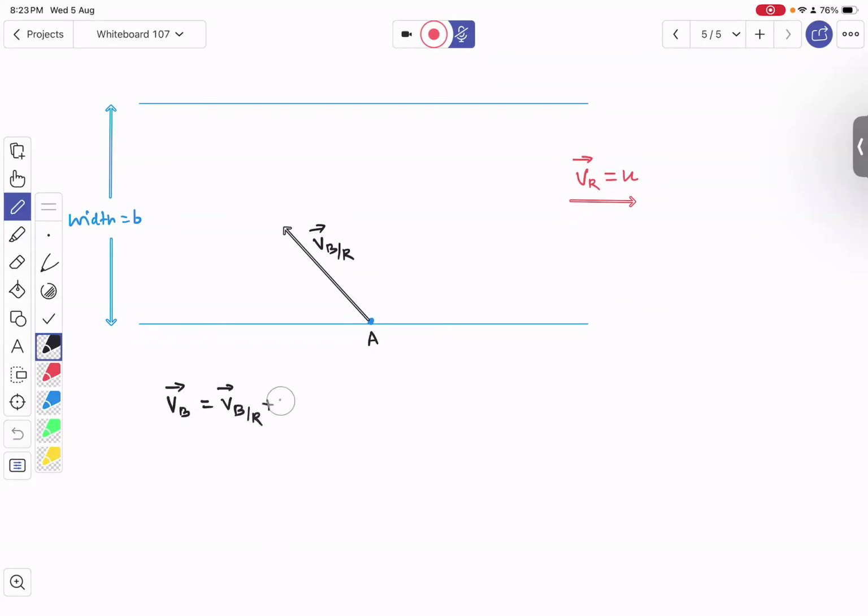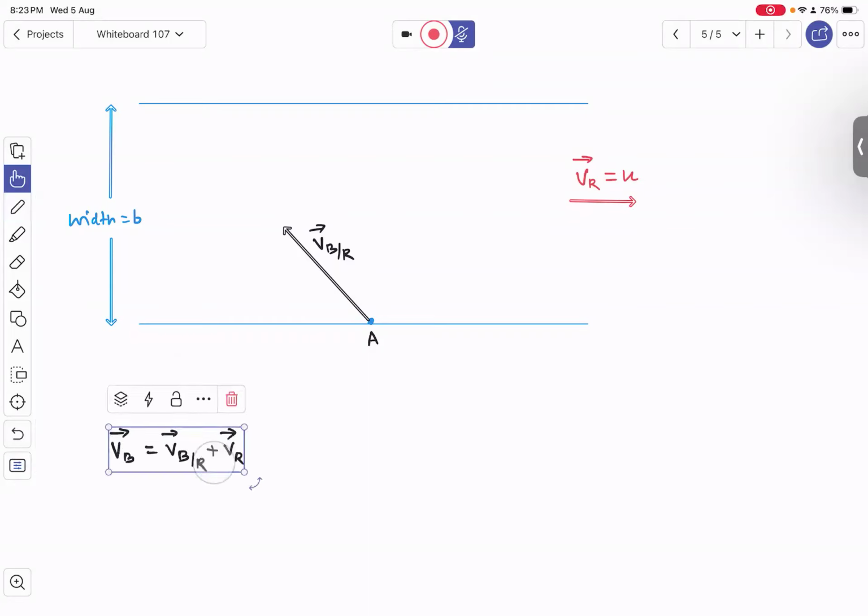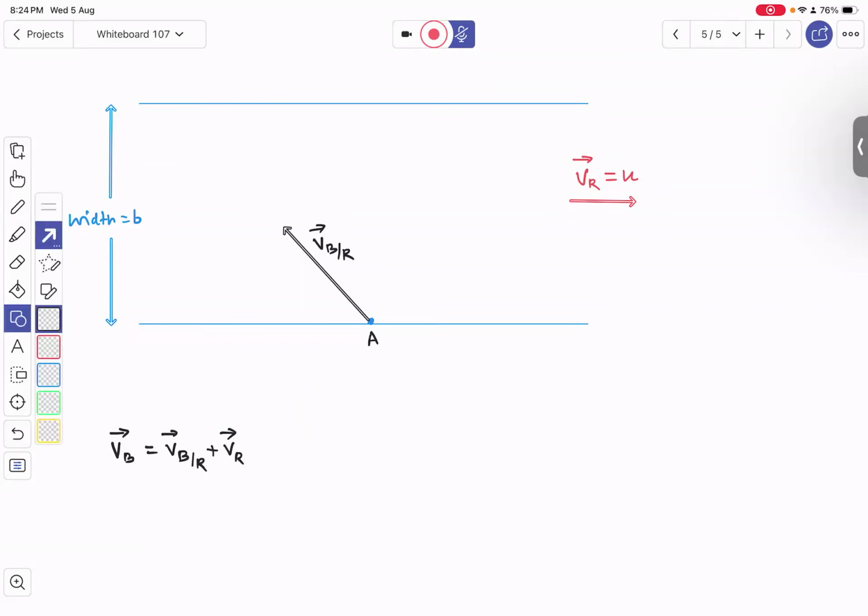How to add the vectors depends on whatever is comfortable for you. Maybe we can do the addition by finding them in terms of components, or maybe we'll use the triangle law or parallelogram law, whatever is comfortable for us. Or maybe we can use both simultaneously also. Maybe I want to use the parallelogram law, so I will draw our VR vector here only.